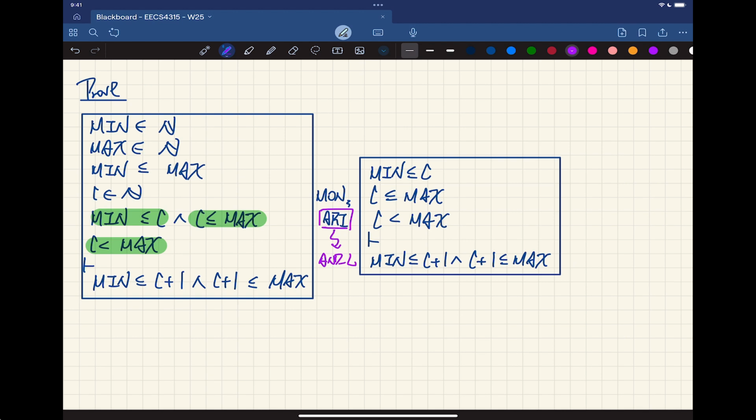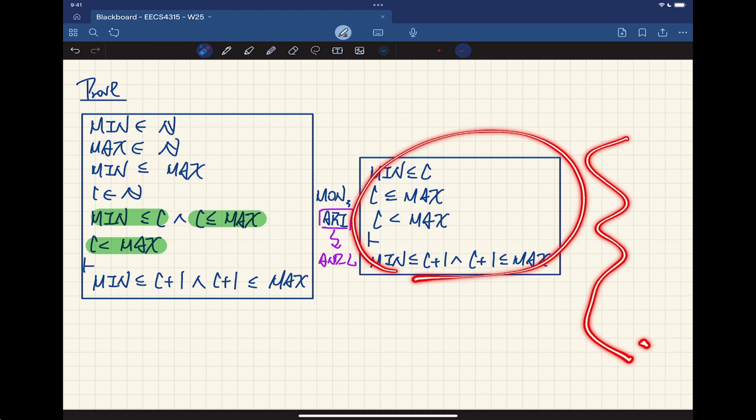All right, let's now just do one more step. Whenever you've got a conjunctive goal, a conjunction in the goal part of the sequence, there is a rule called ent_r that will allow you to split a single sequence into 2 separate sequences. I want to show you one more step.